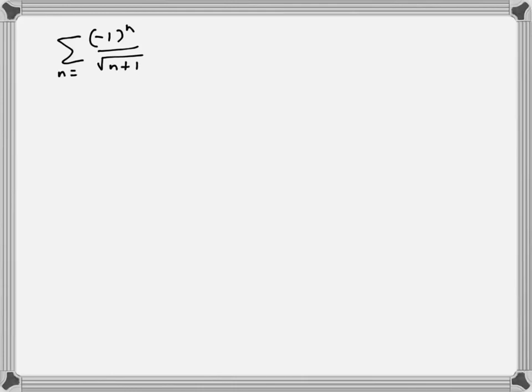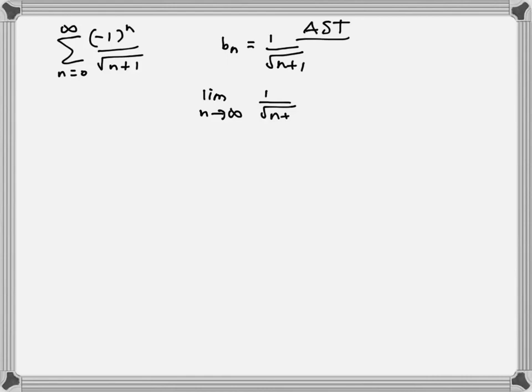Okay, what I'm going to do is use AST. So Bn is equal to 1 over the square root of n plus 1. This is AST. And so we need to check both conditions. First, I check that the limit as n goes to infinity of 1 over the square root of n plus 1 is equal to 0. That's true.